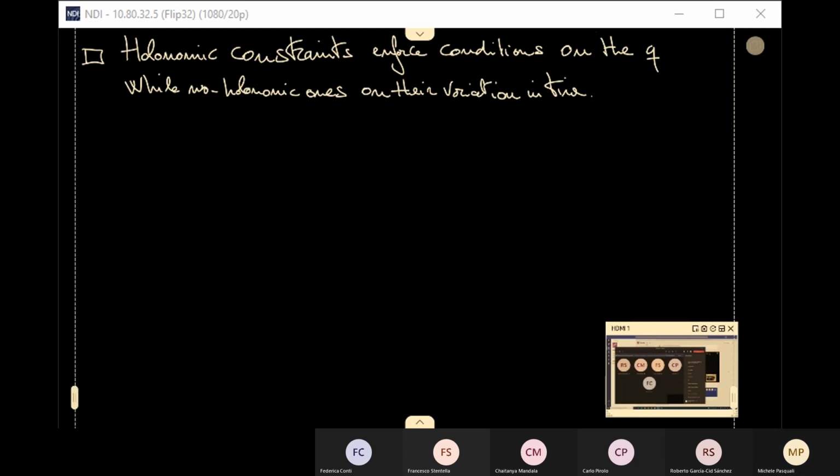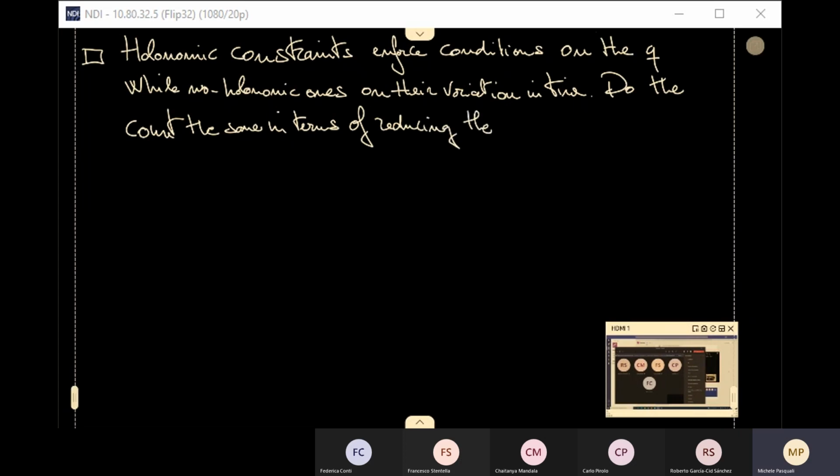Now the question is, do they count the same in terms of reducing the number of parameters q which we can define freely?